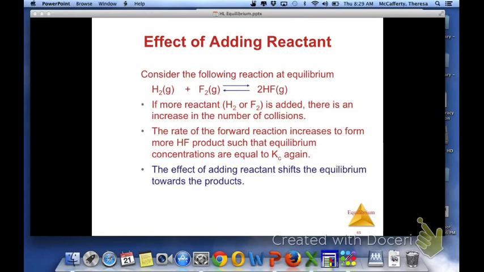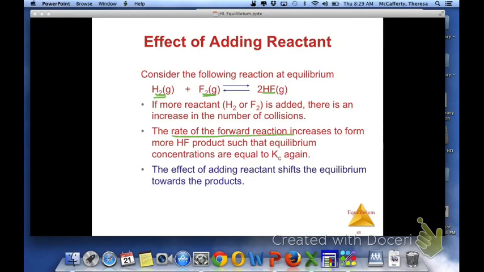Okay, let's look at the effect of adding a reactant to an equilibrium system. So we're going to consider the reaction of hydrogen reacting with fluorine to produce HF. If I add more H2 or F2, if I add more of a reactant, there's going to be an increase in the number of collisions. That is going to affect my rate of the forward reaction.